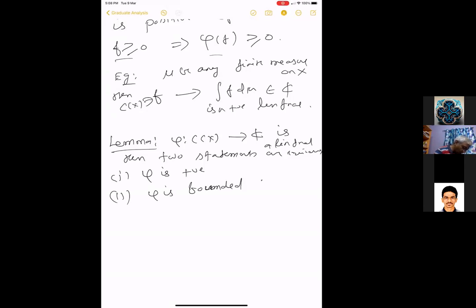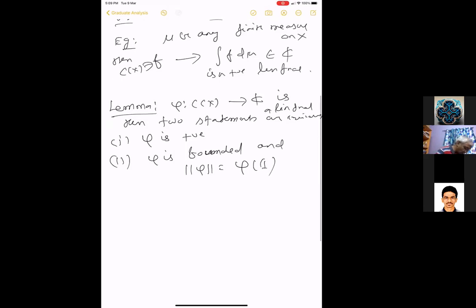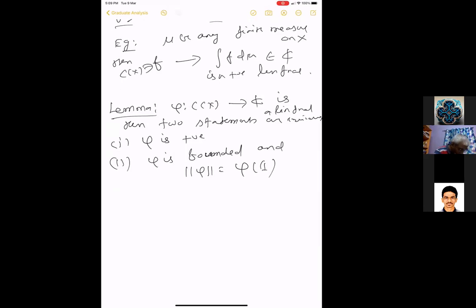And for a bounded linear functional, the positivity is equivalent to saying the norm of phi is equal to phi at 1, where 1 is the constant function 1, the function taking value 1 for all x. This is the lemma. So positivity is equivalent to saying it is bounded and the norm is equal to phi of 1.